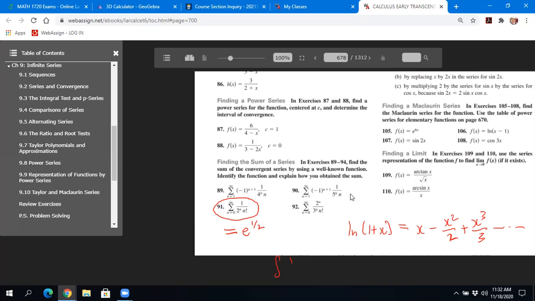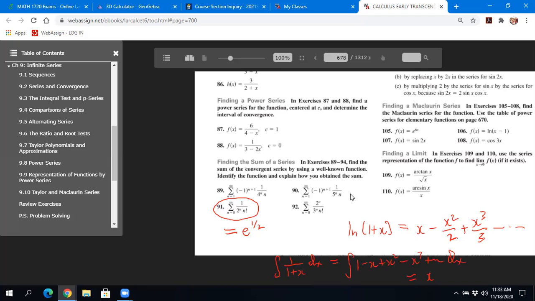If you integrate 1 over 1 plus x dx, you know what 1 over 1 plus x is as a power series, right? That's the integral of 1 minus x plus x squared minus x cubed plus etc. dx. And of course, if I integrate 1, I just get x.